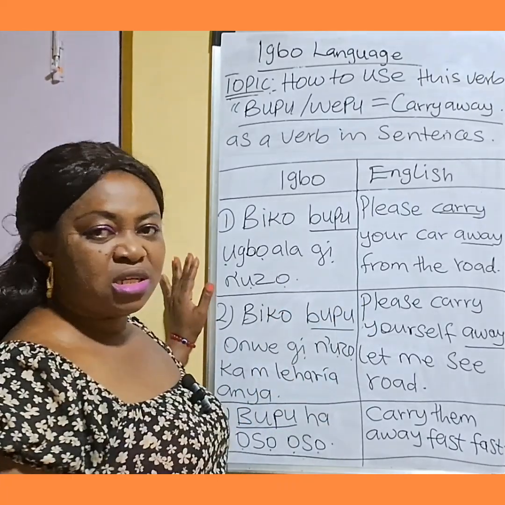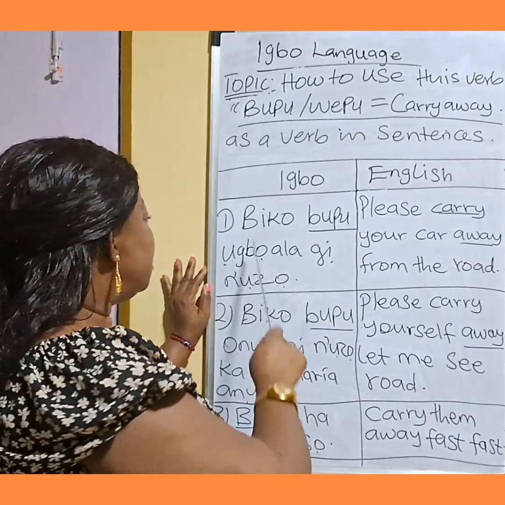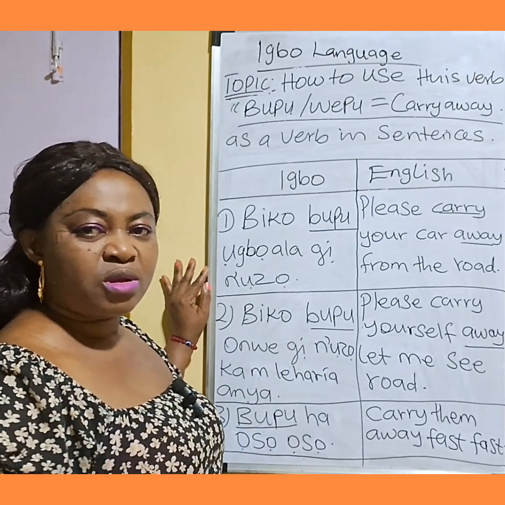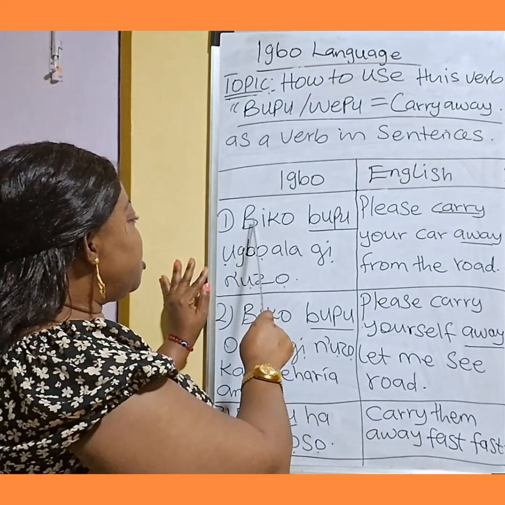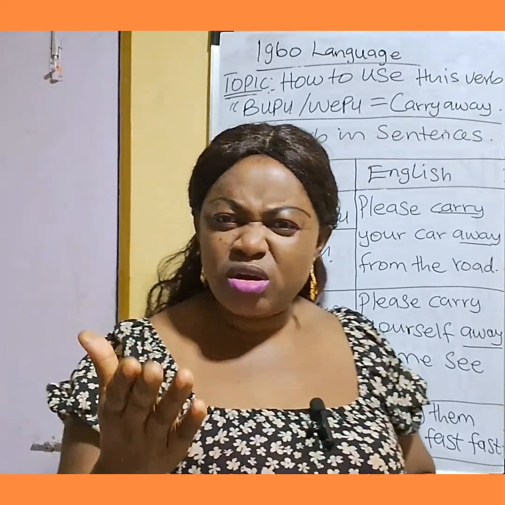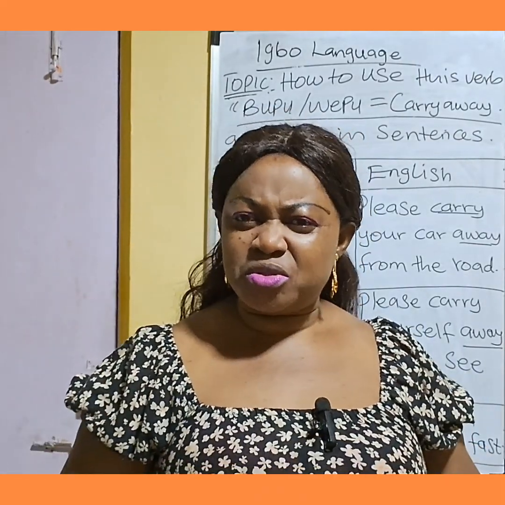Igbo to English, number one sentence says: Biko, bupu ụgbọala gị n'ụzọ. Class, repeat after me. Biko, bupu ụgbọala gị n'ụzọ. Have you seen it? Bupu.